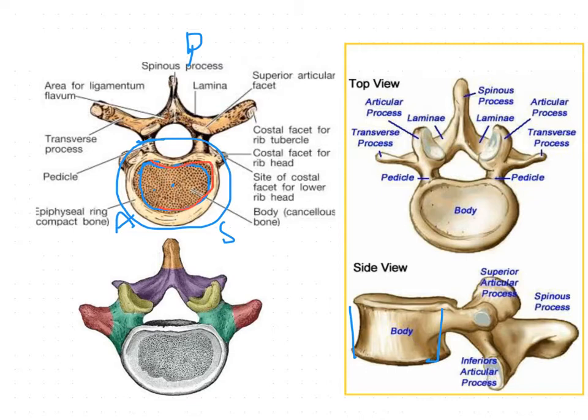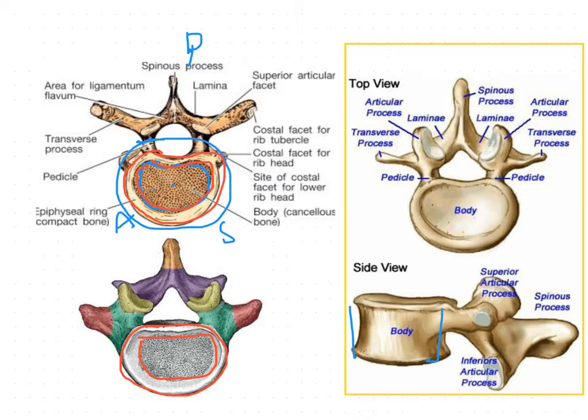This cortical bone is the compact bone. So at the center you find the spongy bone, and the outer covering which covers the spongy bone is the compact bone.